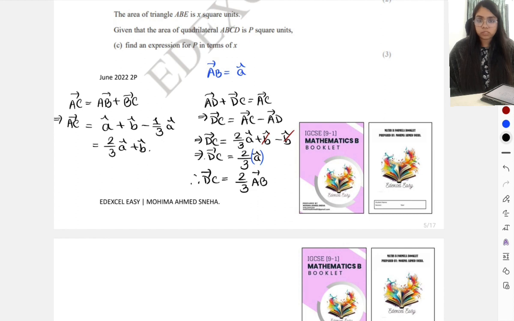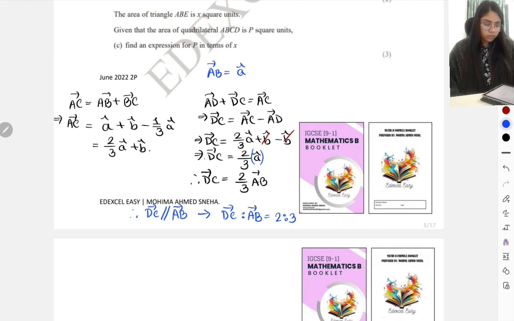I can already understand that DC is 2 by 3 of AB, or you can also say that DC is to AB would be 2 is to 3, right? So we can finally conclude that DC is parallel to AB. And if you find the ratio, DC is to AB, that's going to be 2 by 3. So 2 is to 3.